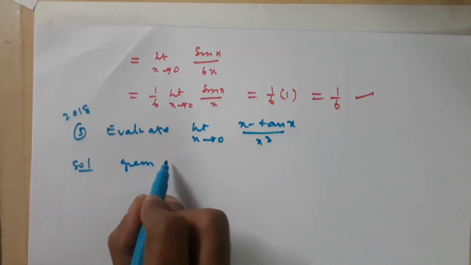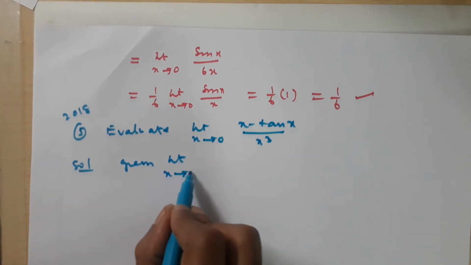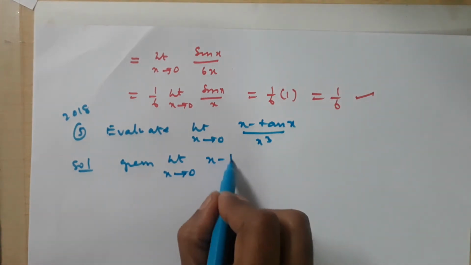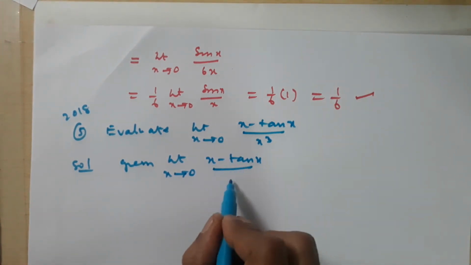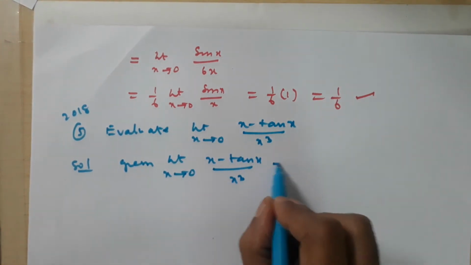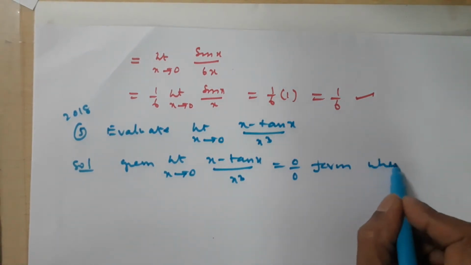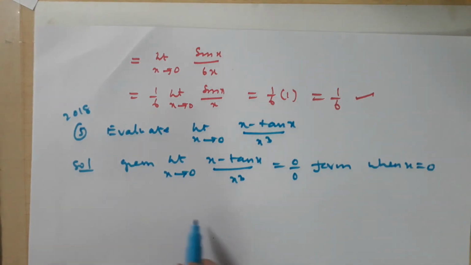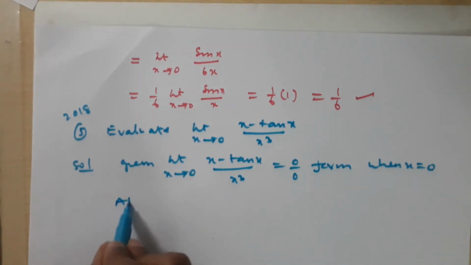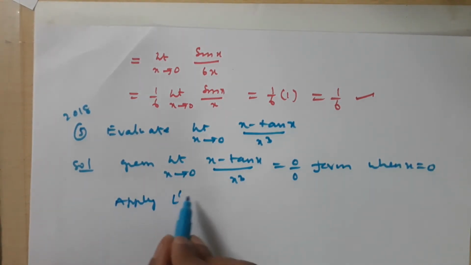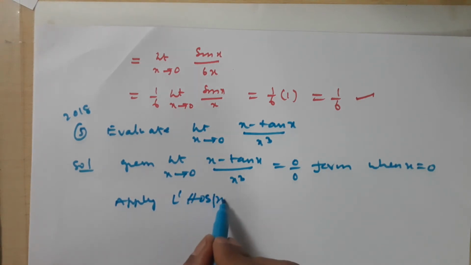Given limit x tends to 0 x minus tan x by x cube is equal to 0 by 0 form when x is equal to 0. So apply L'Hospital rule.